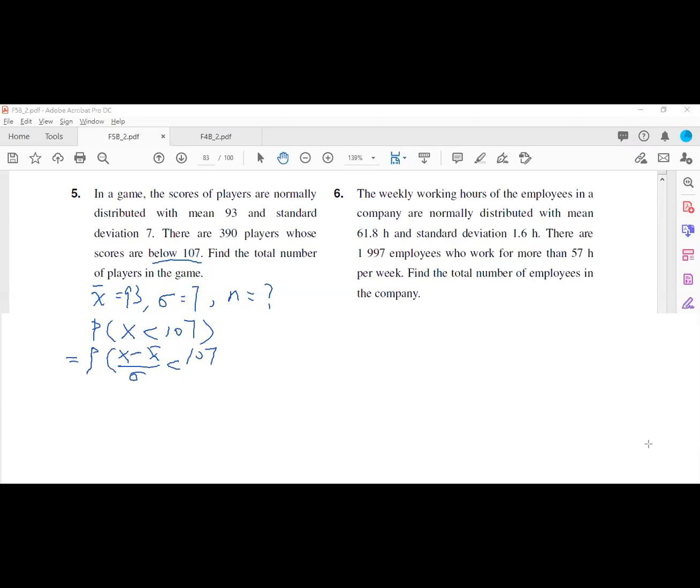We use the number 107 minus the x bar number, which is 93, and then divided by the sigma number, which is 7. So this is equal to 2, right? And then we multiply the sigma to the right hand side. So x minus x bar less than 2 sigma, and add the x bar to the right hand side. X is less than x bar plus 2 sigma. Okay, and then we can go to the graph part.